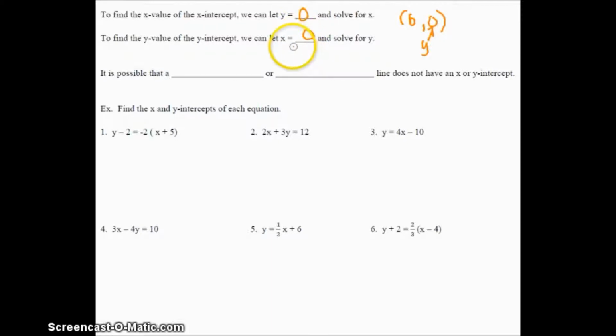One little side note I want to stress is our 2 special cases. It is possible that a vertical or a horizontal line does not have both an x and a y-intercept. They are always going to have at least one intercept, but there could be an instance where they only have one of them, and these are the 2 cases.